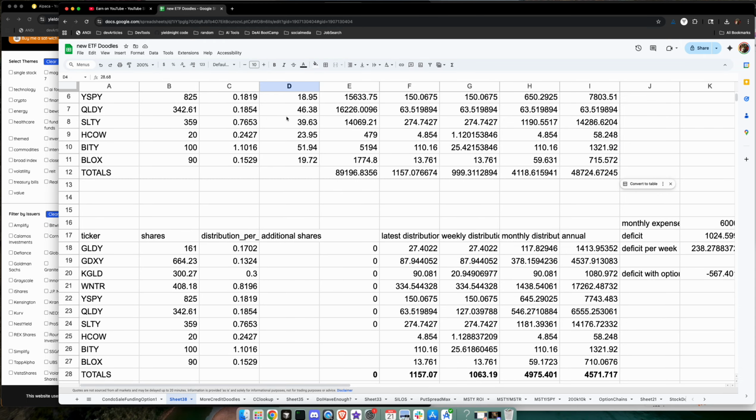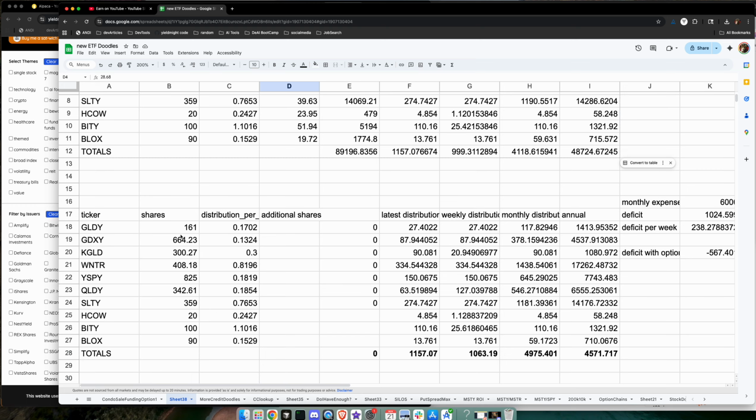So I have the number of shares, the distribution, and I recreated all of the formulas in here. That way I can do additional shares and say like, oh, I need 20 more shares of this, I need 20 more shares of this. What does it look like? How does this change my monthly amount?